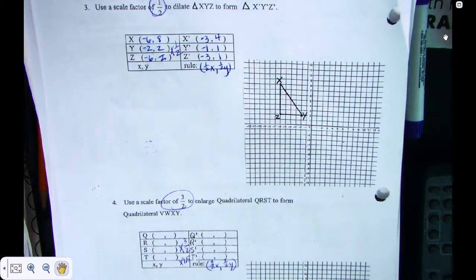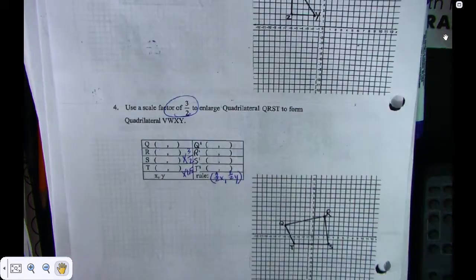And it's not a very good picture, because it's kind of confusing in there. It's so little. But if you match it up, the ZZ prime, XX prime, well, it should go through the origin. Okay? Number 4.